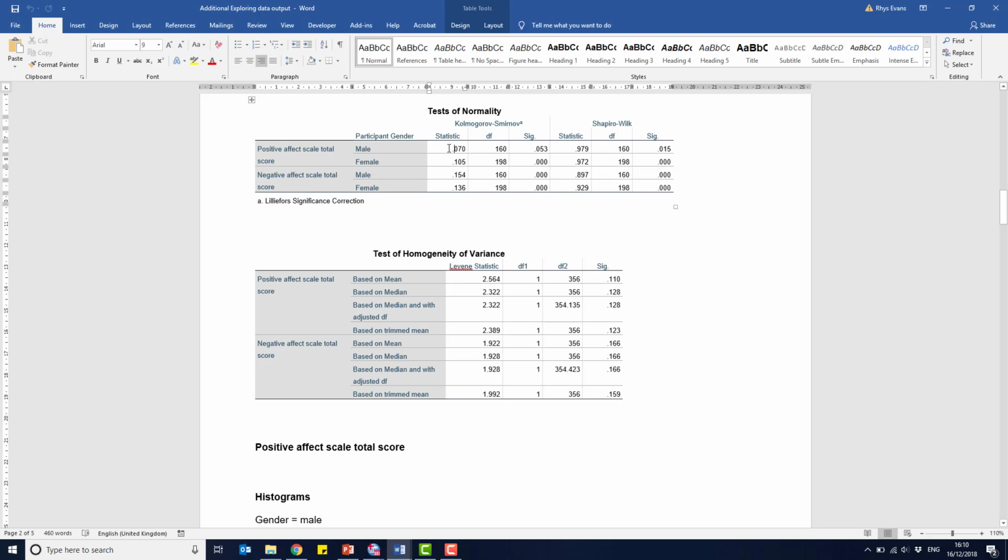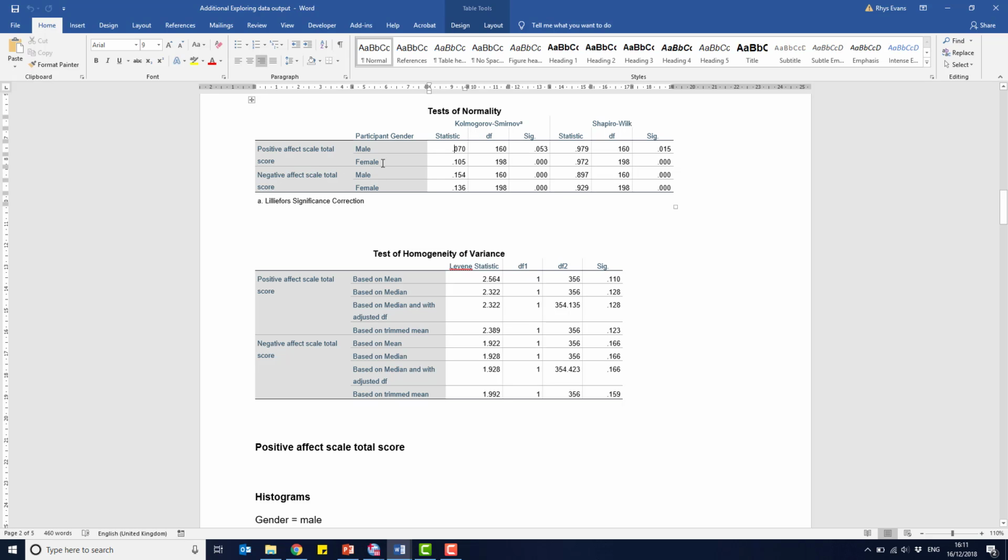What I'm looking to see is, does this test of normality suggest that my data is significantly different from normal? If this significance value is 0.05 or smaller, then it is statistically significant, and that means the data is significantly different from a normal distribution.